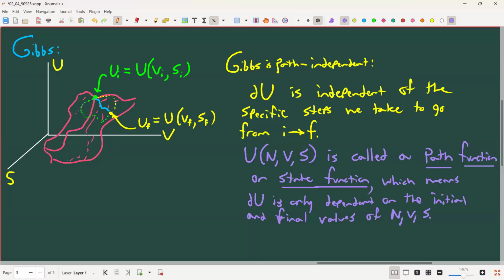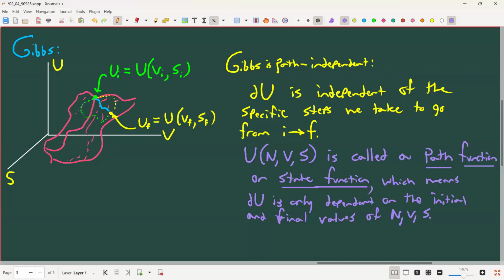I can't say that heat is necessarily a function of volume or entropy. It's some combination of volume and entropy. Work clearly has something to do with compressing a gas. Obviously, volume is changing when we compress it. So you can think, okay, work has something to do with V, but it might also have something to do with S.